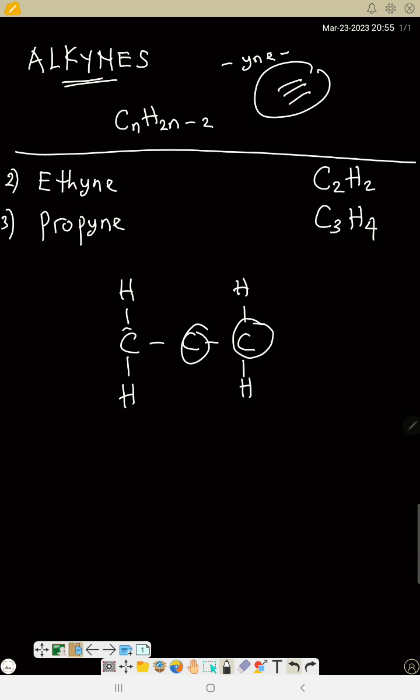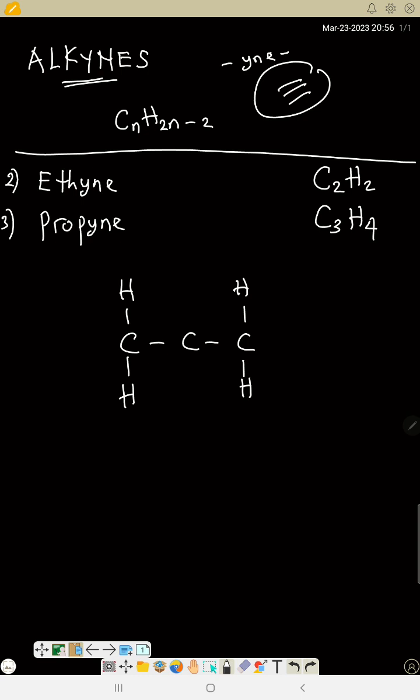So 3 carbons. Each hydrogen has 1 bond, but now the carbon has 3 bonds. So it's not balanced. The carbon here has 3 bonds, it's not balanced.